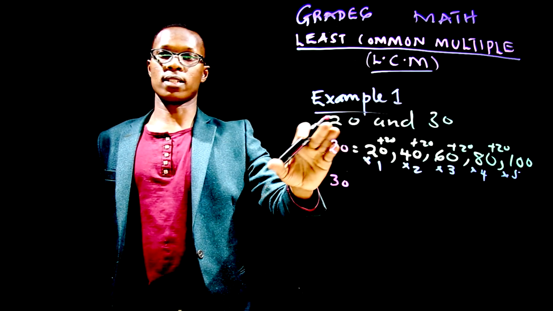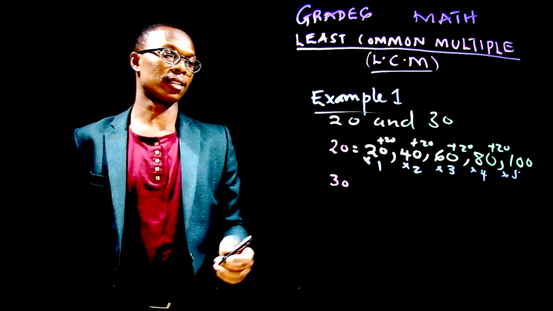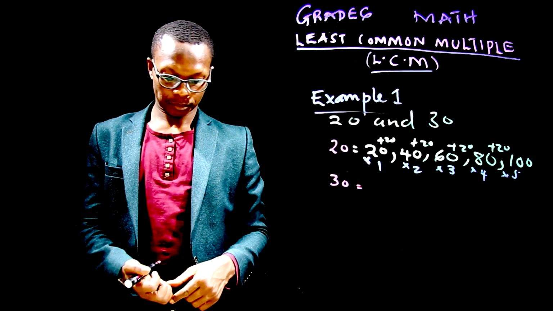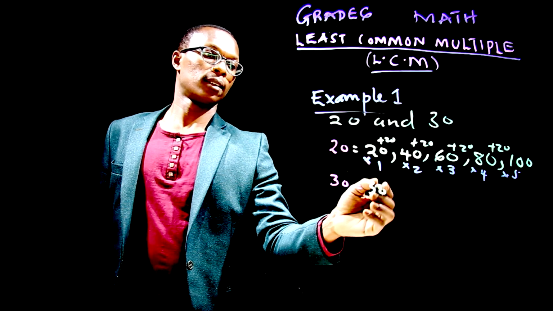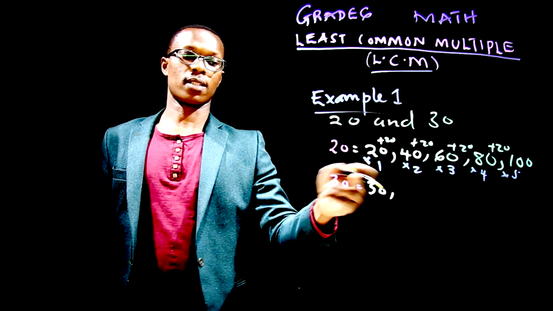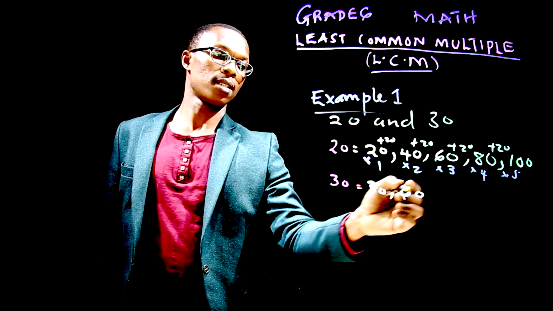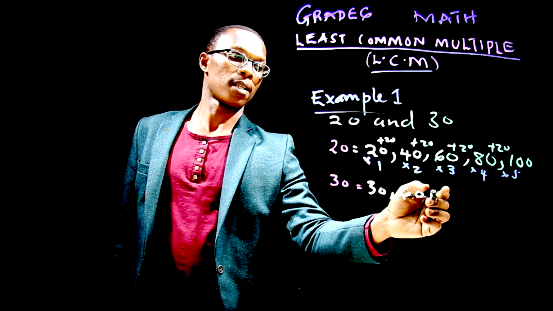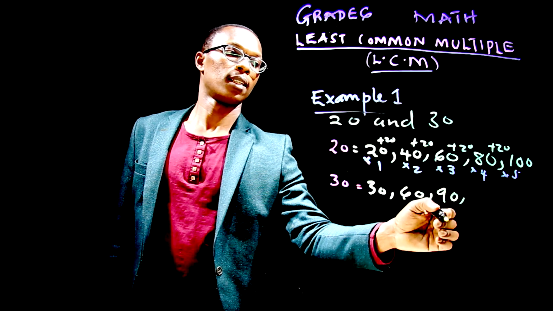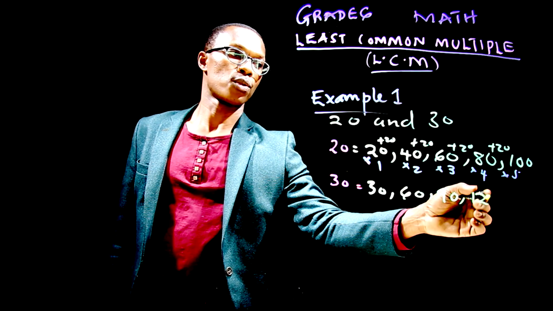So we want to find the LCM of both 20 and 30. Let's see what we find here. 30 times 1 is just 30. Then 30 plus 30 is 60, 60 plus 30 is 90, 90 plus 30 is 120.